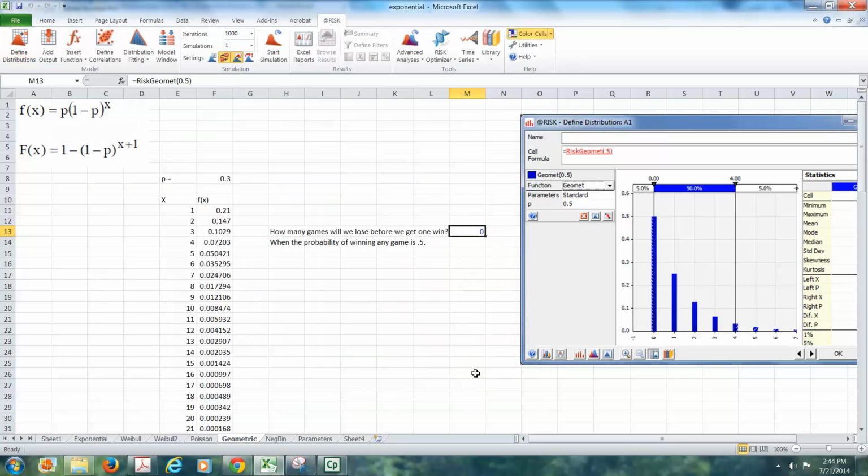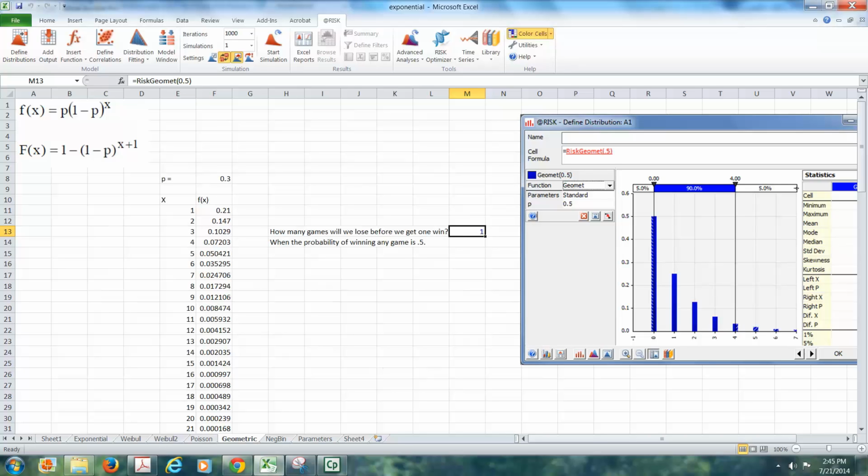Close this now. And you can see as we hit the F9, here is an example where it took 4 losses to get the first win. Then 1 loss, 1 loss, 1 loss again, 0 losses, 0 losses, 0 losses again, 0 losses, 1 loss, and so it would go.